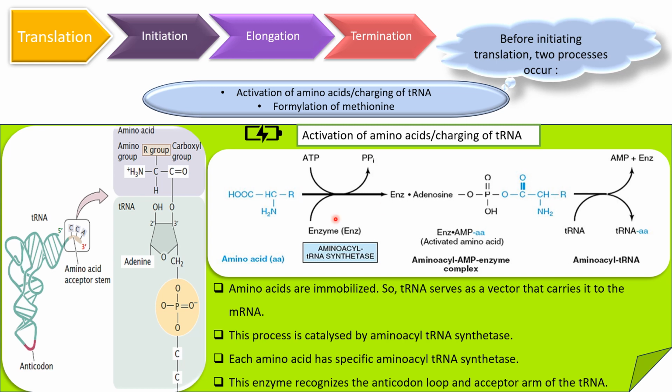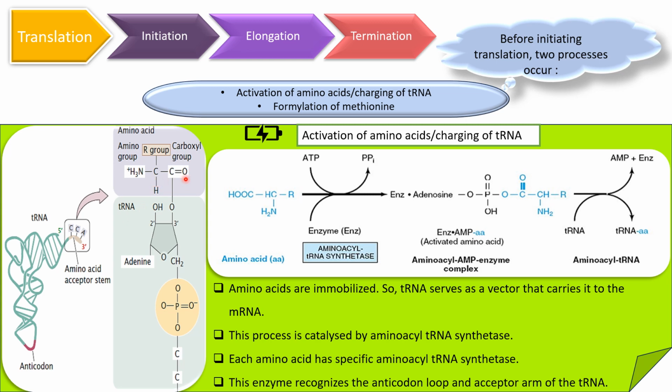Here what happens is, you can see the tRNA molecule here. Here is the amino acid which is going to be attached with the tRNA molecule. This is the adenine. Adenine belongs to the CCA sequence from the acceptor arm of this tRNA molecule.